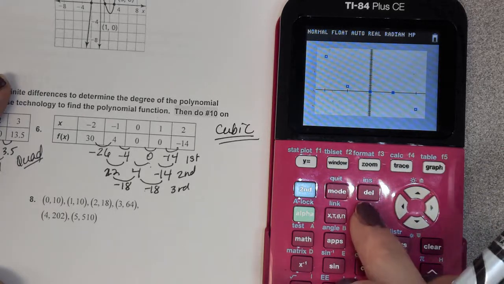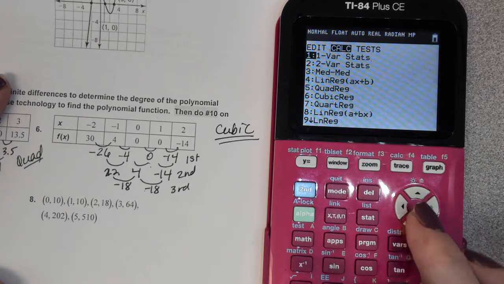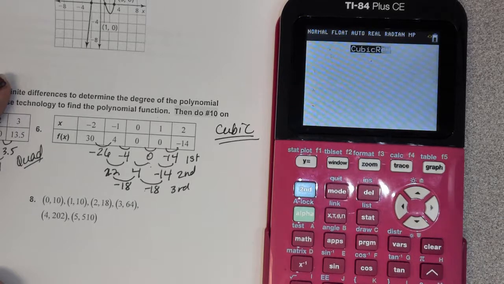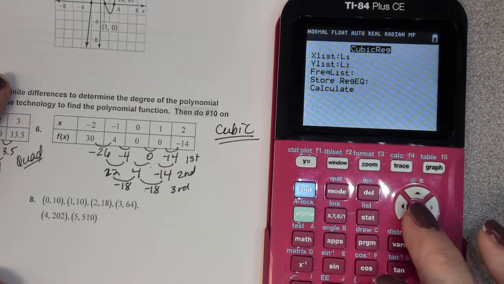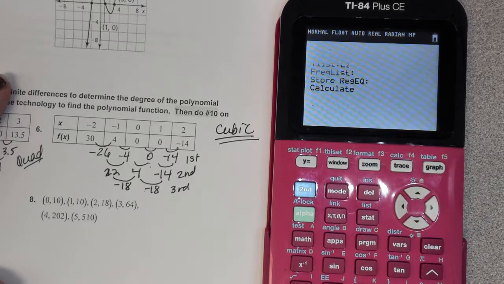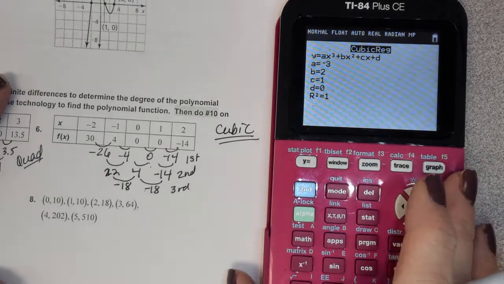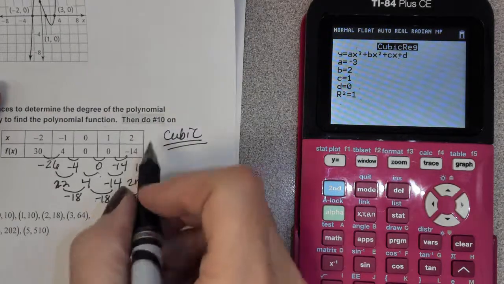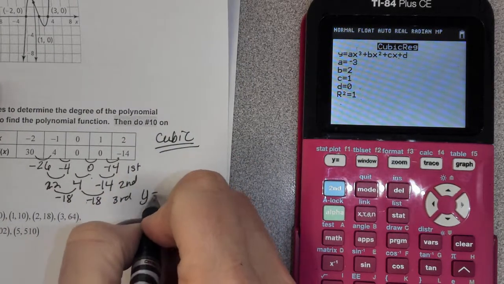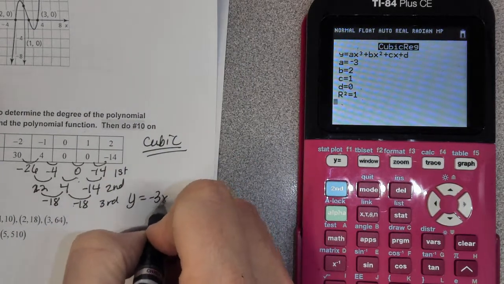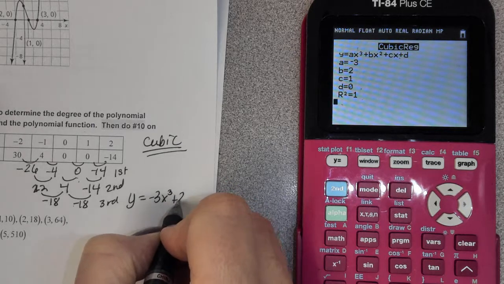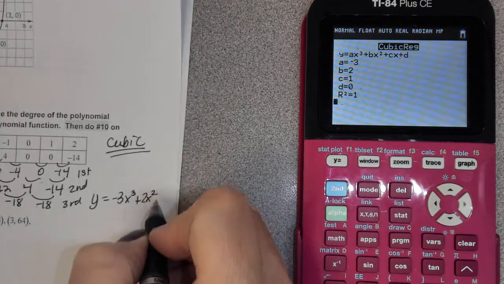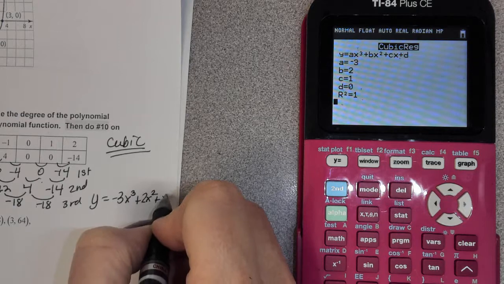So I'm going to go to stat, calculate. I'm going to go down to the cubic regression. I'm not going to have it store because it does not do a good job at that. And here we go. It would actually have been probably fine on this one, but so my cubic function is y equals negative 3x cubed plus 2x squared plus 1x.